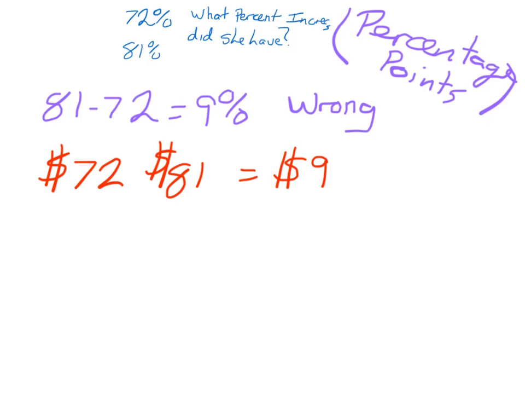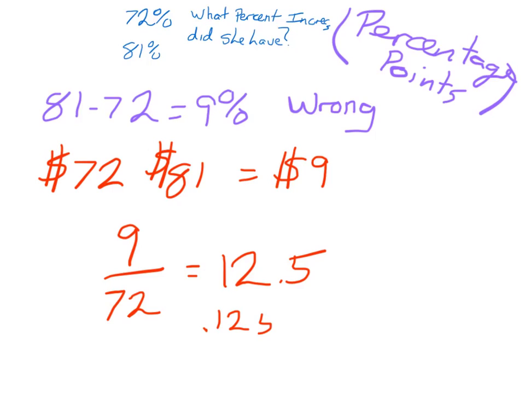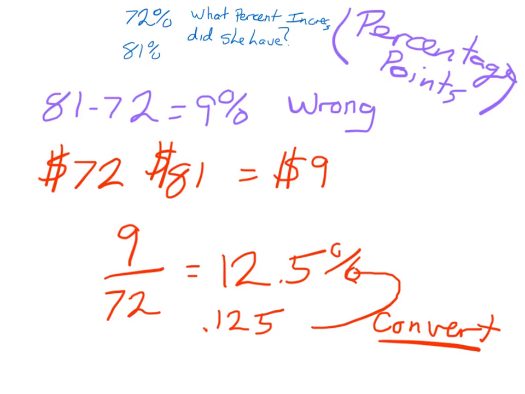So that $9 divided by the original price, 72, is actually equal to 0.125, but hopefully you remembered to convert to a percentage by moving the decimals.